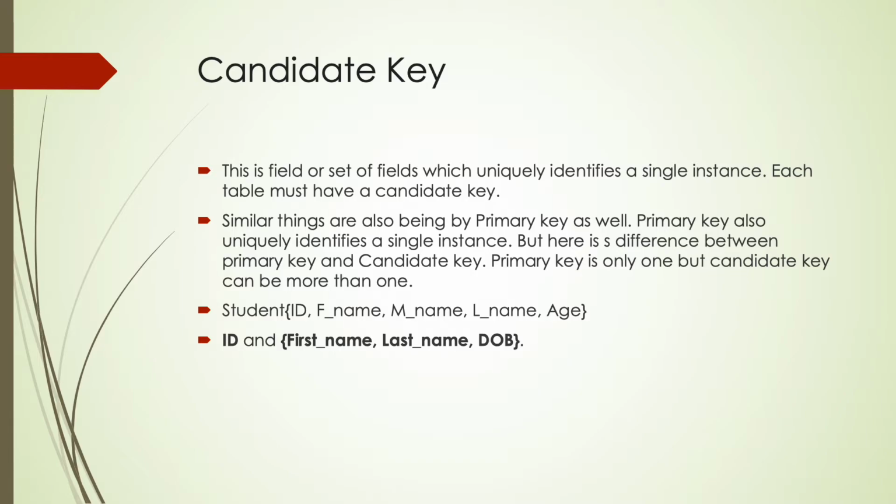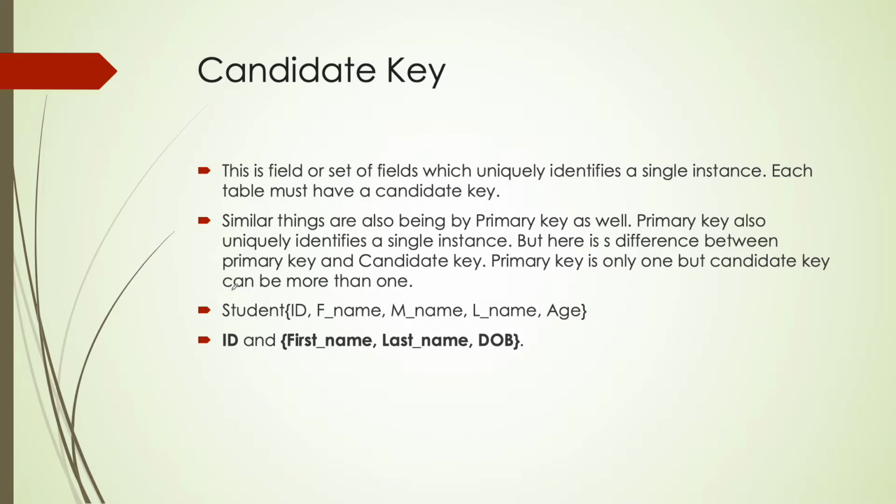Just to give an example, suppose you are storing student data in your database, so there can be id, first name, middle name, last name, age. In this we can say that the id is a unique key here.